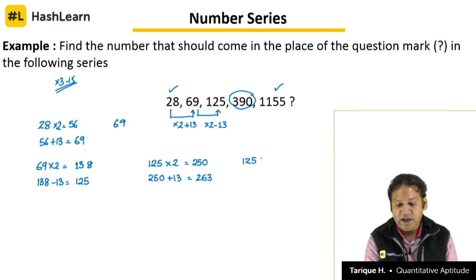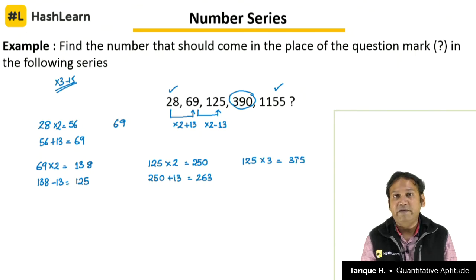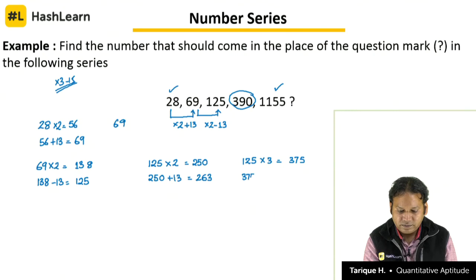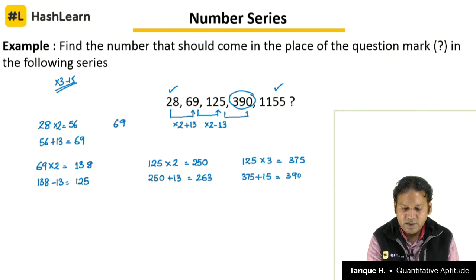So 125 into 3 is 375. Now we have come very close to 390, and 375 plus 15 is equal to 390. That gives us another pattern. So into 3 plus 15.